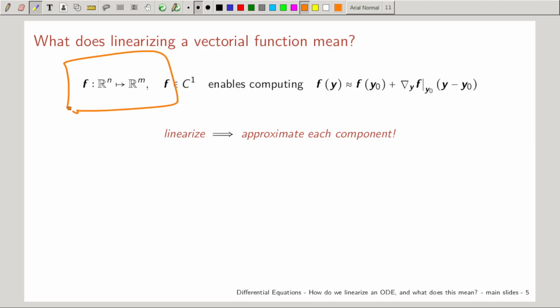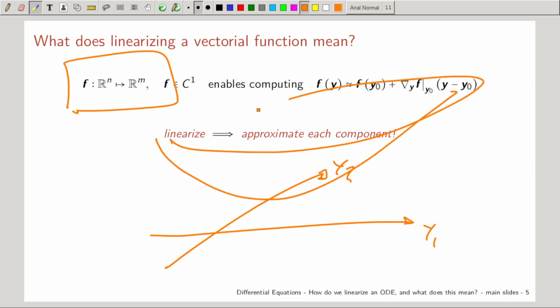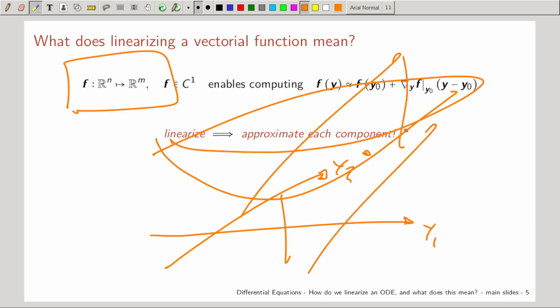Whenever I go higher in dimensions, linearizing means linearizing every component. True. If I have a function of y1 and y2, linearizing around here means finding a plane. You see it? And if you think of Lotka-Volterra, how many planes do we have? Two. True.